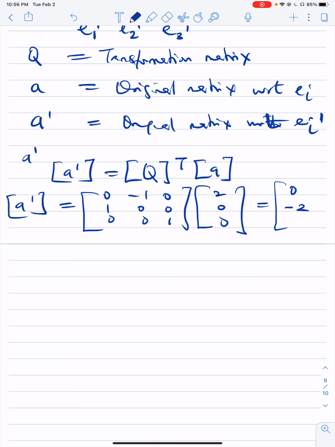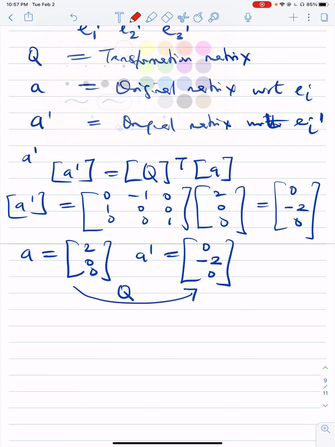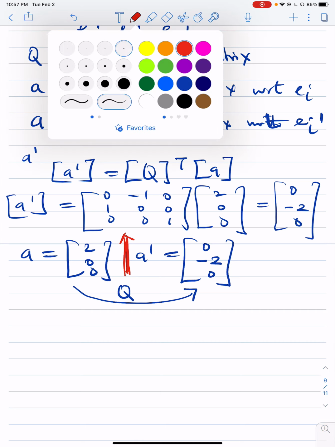You can cross check what I'm doing. So if you look at this now, you have A as 2, 0, 0, and A prime as 0, negative 2, 0. You see, this was transformed by Q, which is this Q. I hope this is kind of straightforward.